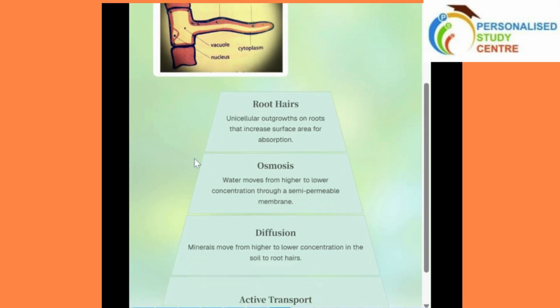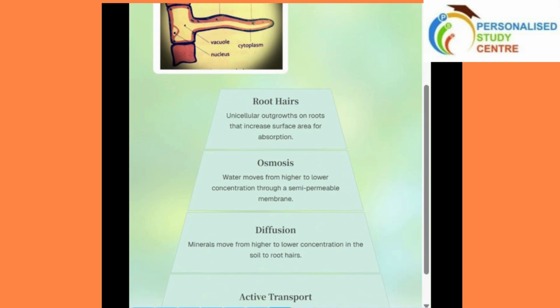Now we are coming to the next topic, that is osmosis. This process helps the water move from higher to lower concentration through a semi-permeable membrane. When I say the word semi-permeable, it means it allows only particular ions to pass through that membrane. Rest is not allowed.